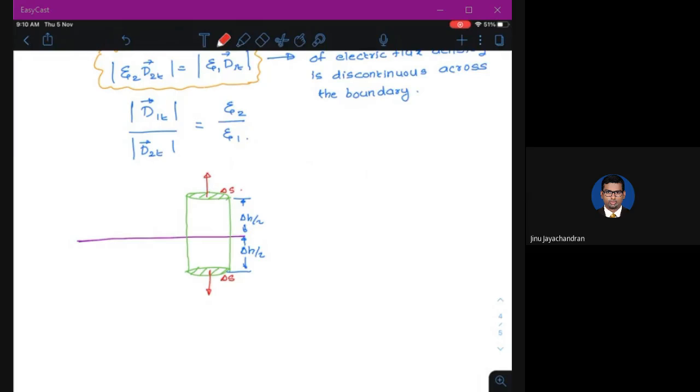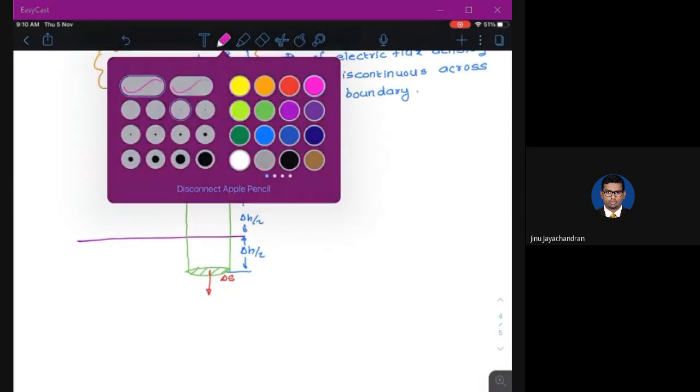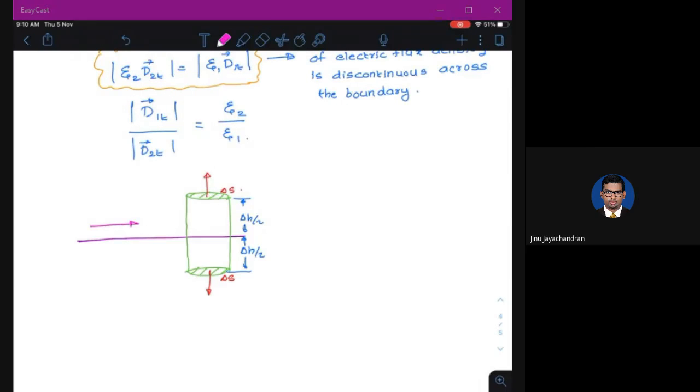So this is the direction of delta S. We have the components of D. In the second medium I have D2T and D2N; basically this is my net D2.